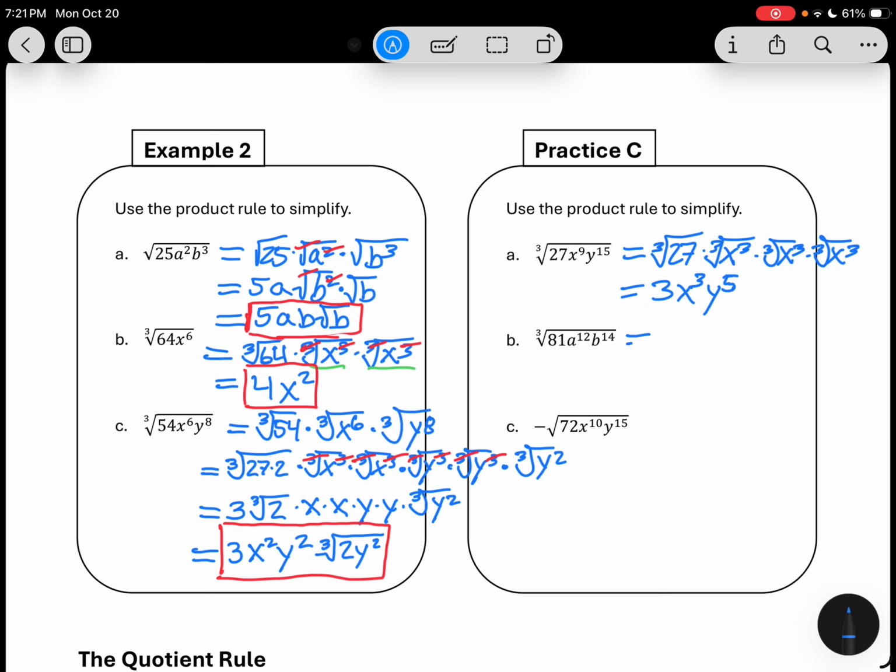Okay, if you look at this one, it would be the cube root of 27 times the cube root of 3, because 81 has 27 as a perfect cube.